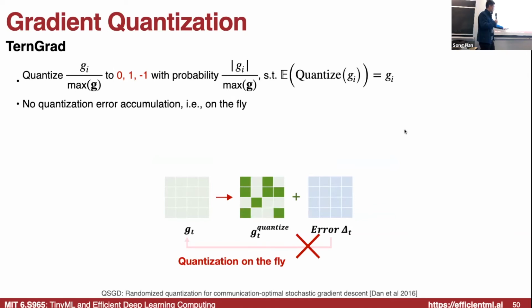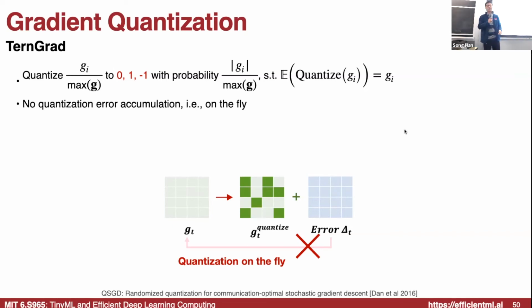Apart from that, there's also another work called ternary gradient matrix. So we can divide the gradient by the max of the gradient, and we can quantize them to 0, +1, or -1, with probability using the magnitude of this gradient element divided by the max of the whole gradient tensor, such that after quantization, the expectation of the quantized value is equal to its original value.